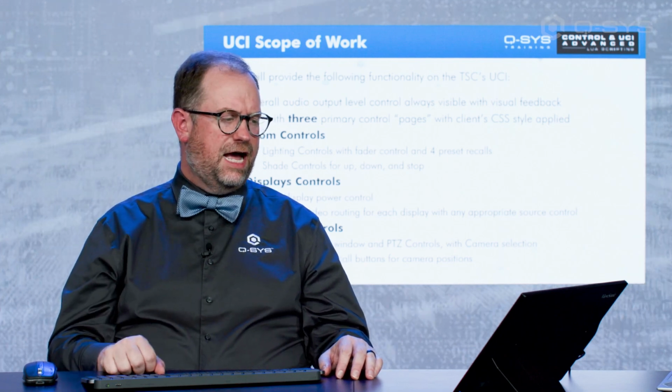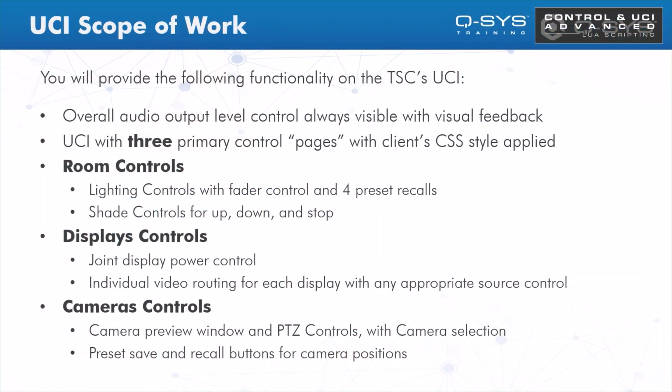And then lastly, the third page is the camera control page, which is going to have the camera preview window, the PTZ controls with camera selection, and additionally, those press and hold presets that we were mentioning to start off with. We're going to make all that happen as well.